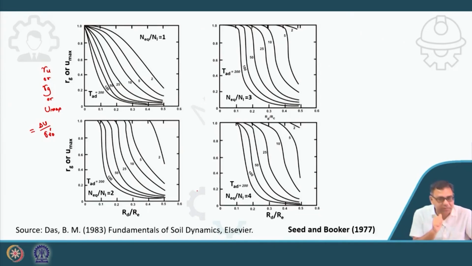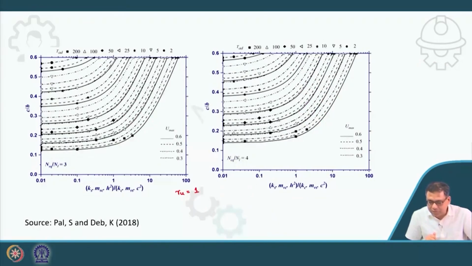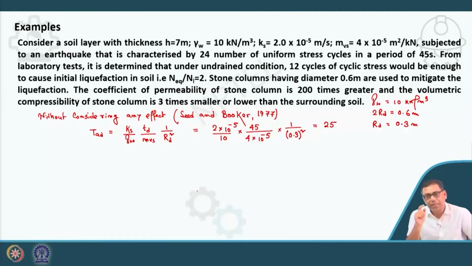But for this particular case, we will design for a lower RU value. We will design for an RU max value of 0.4. Okay, so that is our choice. You can go up to 0.6, but we will design at 0.4.